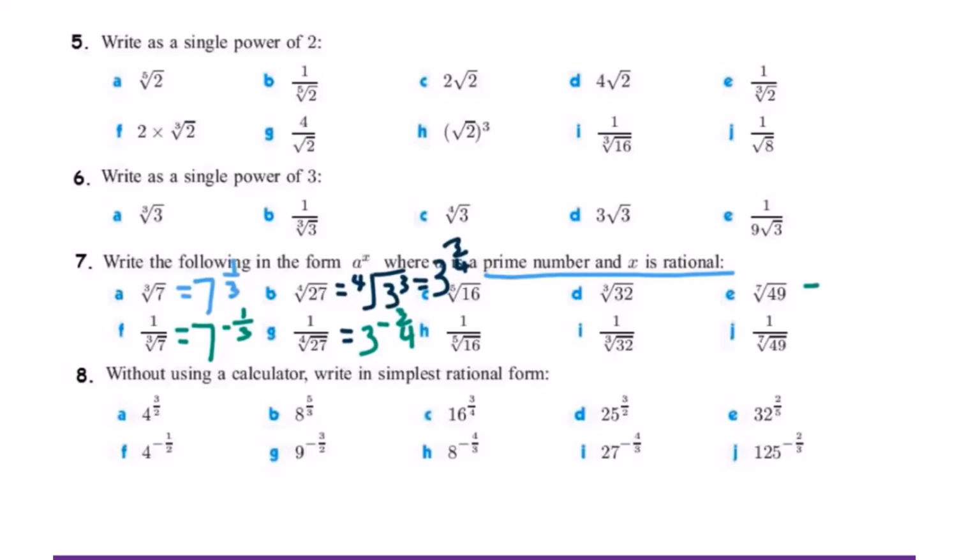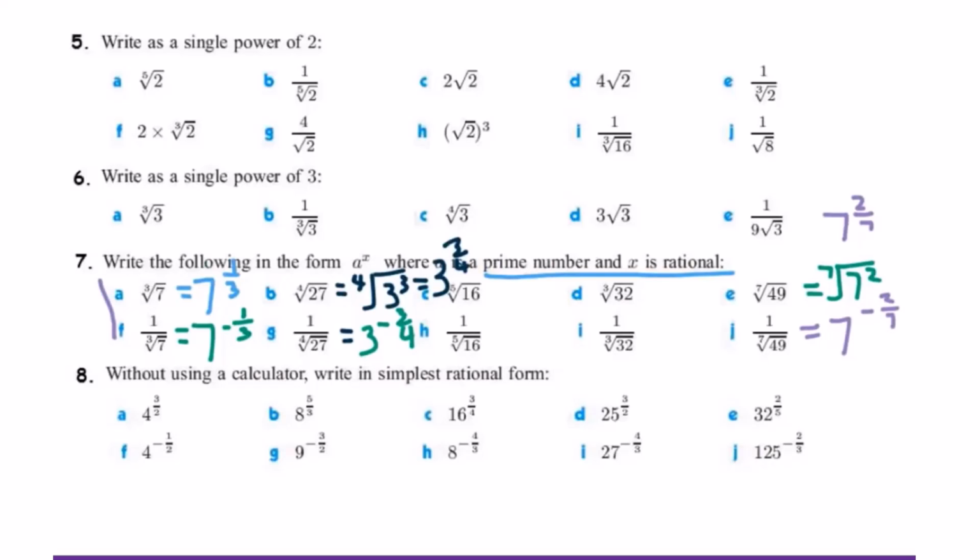For e, I can write down 7th root of 7 squared. That means 7 to the 2 over 7th power. Therefore, when you have 1 over 7th root of 49, will be 7 to the negative 2 over 7th power.